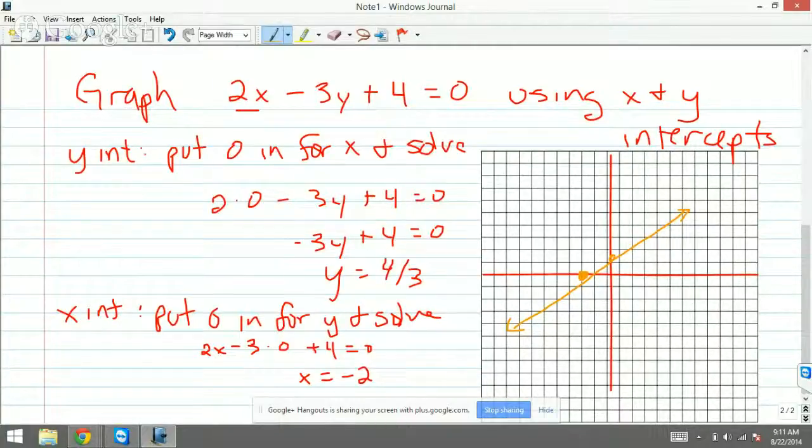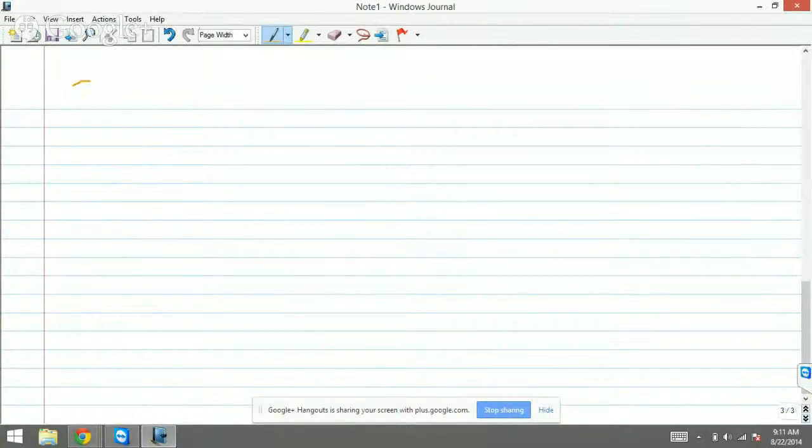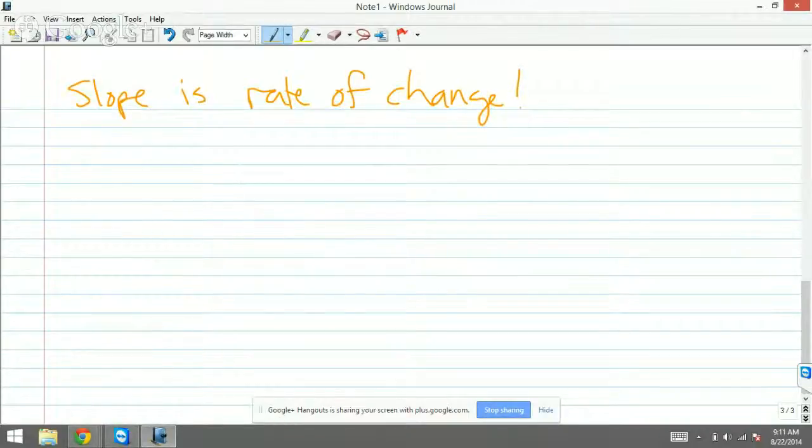What can slope also be called? You bet. So if you're asked for rate of change, average rate of change, you're calculating slope. That's what example 2 is looking for. Okay. Are we good? Moving on.